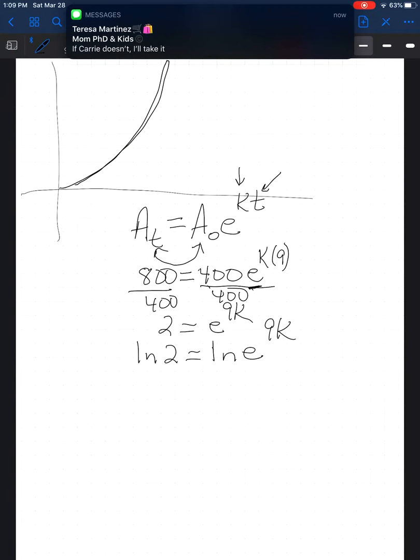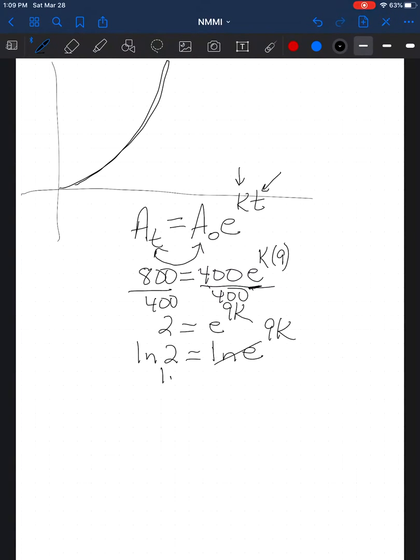What happens to the ln and the e? They cancel. So we have ln of 2 equals 9k. To get k by itself, we just divide both sides by 9. So there's our k.